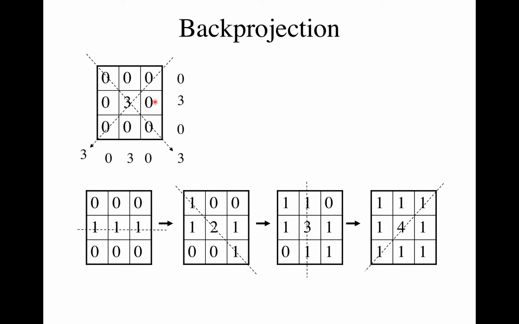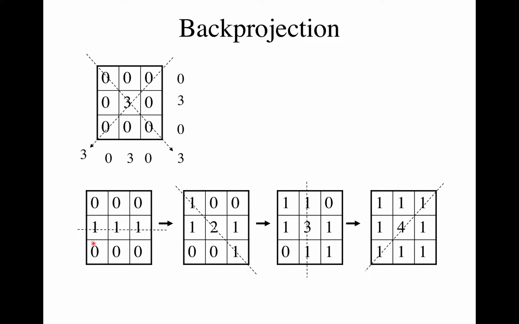And that's the only thing I know at this point. And so what we can do is just back project these values back into the rows or the directions from which they came, and just assume that these values are equally spread across that direction. And this is naive back projection.